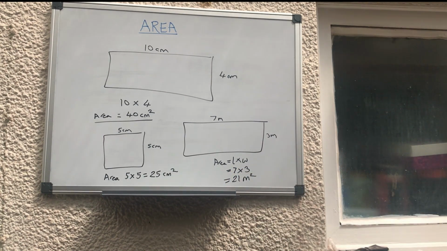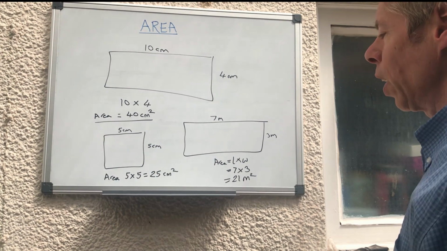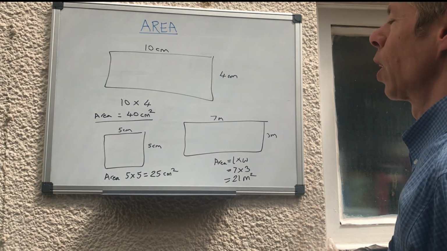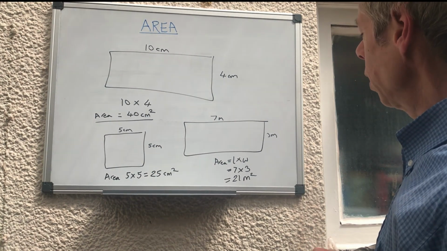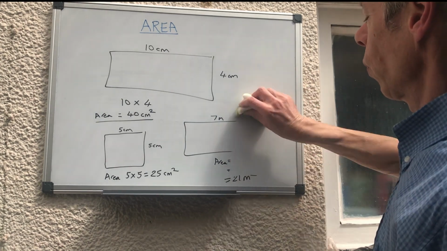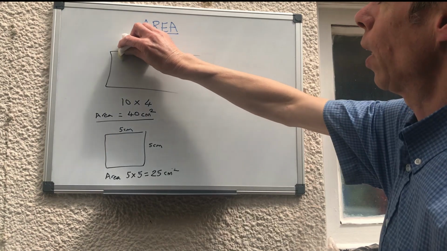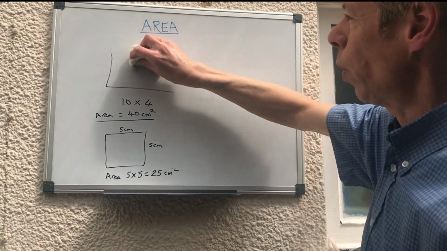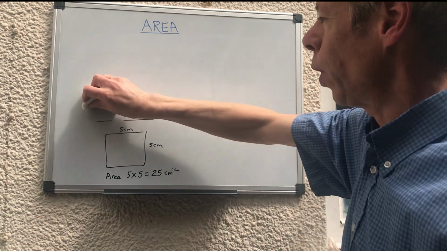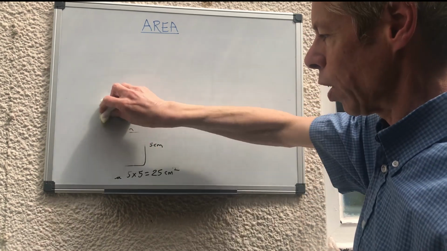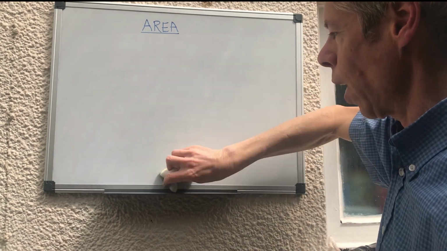Right, so in summary, we're only looking today at areas of rectangles and squares, so it's always going to be length times width. That's how we calculate area. And obviously for a square, the length and width are the same thing. So we've done a brief introduction to area.